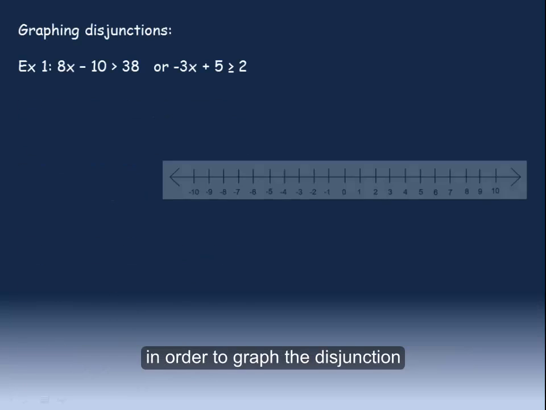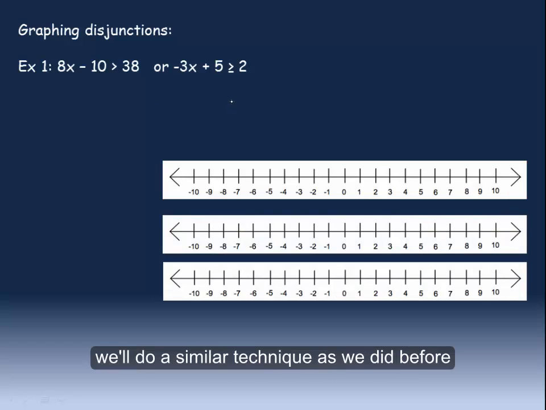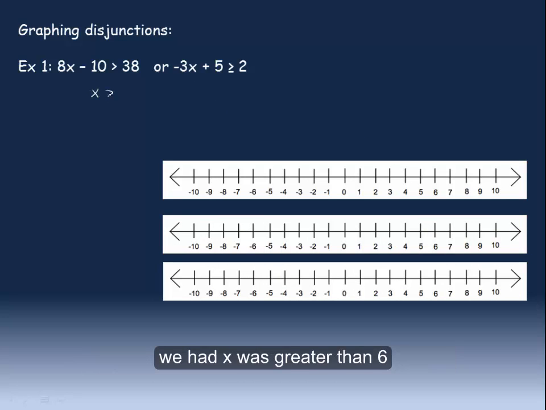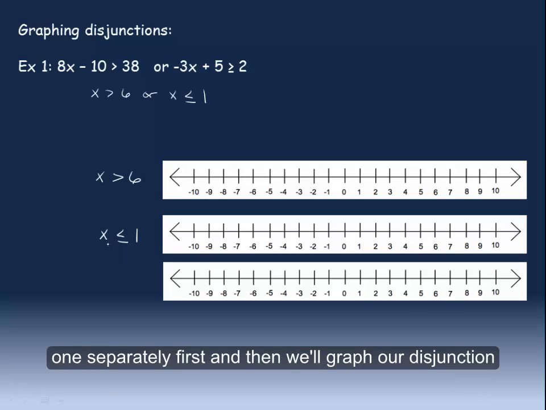In order to graph a disjunction, we'll do a similar technique as we did before. Okay, we had x is greater than 6 or x is less than or equal to 1. So let's graph x is greater than 6 and x is less than or equal to 1 separately first, and then we'll graph our disjunction together.